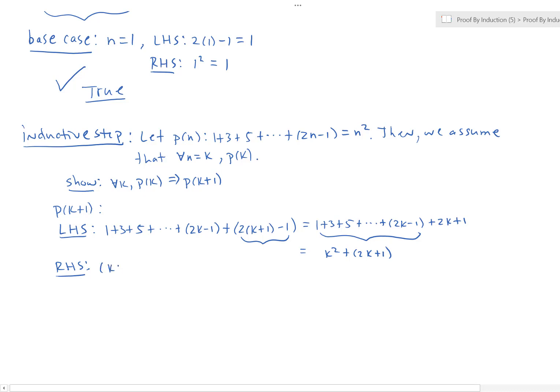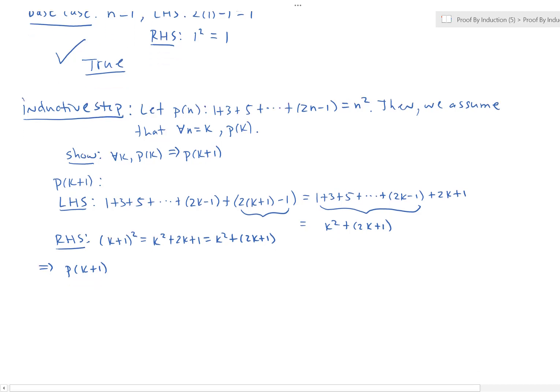We're going to get k plus 1 quantity squared, which is k squared plus the quantity 2k plus 1. And guess what? Left side, right side are the same. Hence, p of k plus 1 is a true statement, assuming that p of k is a true statement.